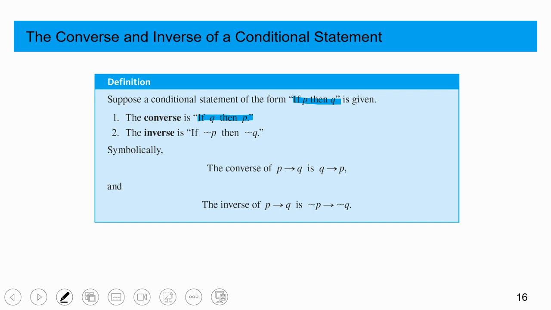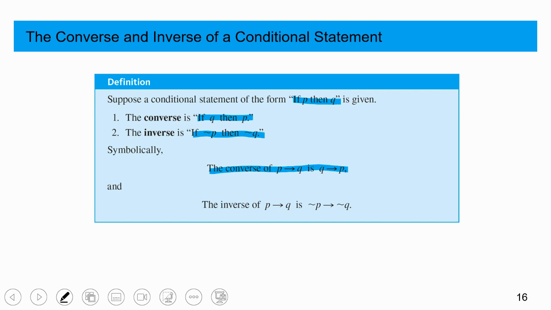The inverse is the form of the statement where you do not switch P and Q, but you do negate each. Okay? Symbolically, we would say the converse of P implies Q is Q implies P. Again, nothing is negated, but the two statements are switched.